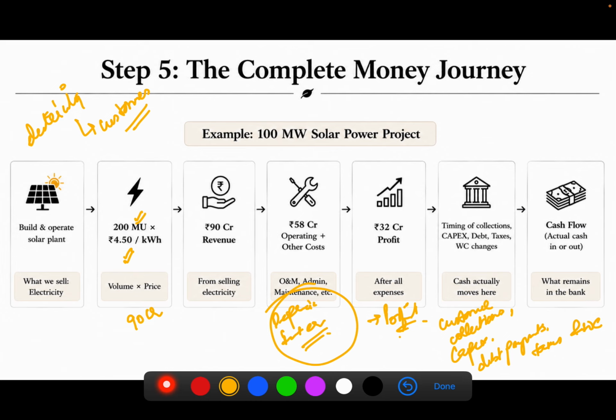So even after calculating profit, we still need to understand how much cash is actually generated, and that we understand by all these components, which we will discuss later in the upcoming video series. Now, I hope we all have understood that a financial model does not stop at the income statement itself. We have to build the cash flow statement also.